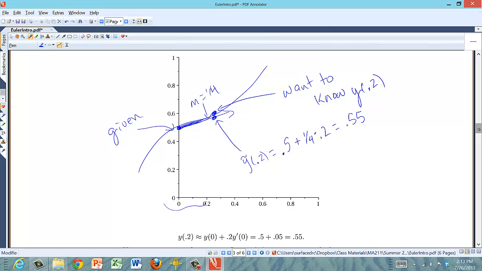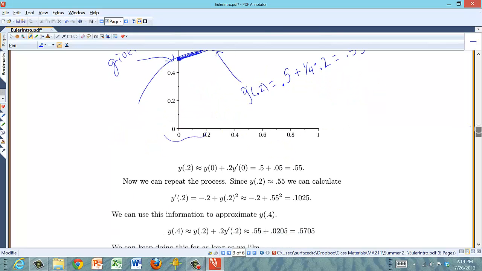So we'll take that to be our approximation. We've now approximated, we think, my solution at time 2. Well, it's about where the tangent line to y at time 0 ends up at time point 2. So that would be y at time 0 plus the slope of the line, y prime at time 0 times the run, 0.2, and I get 0.55 there.